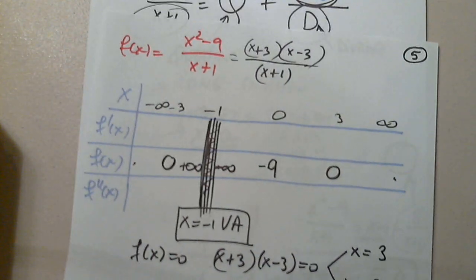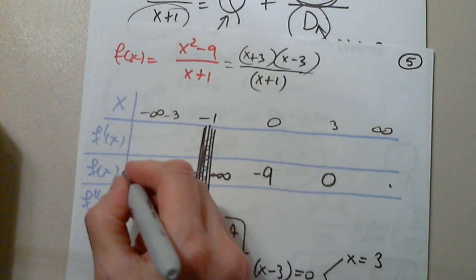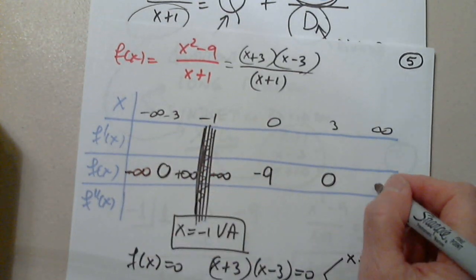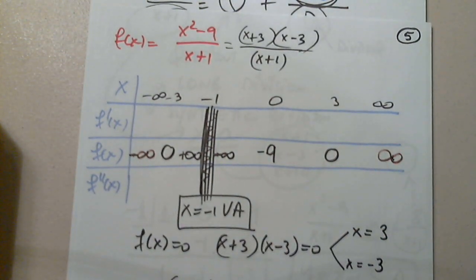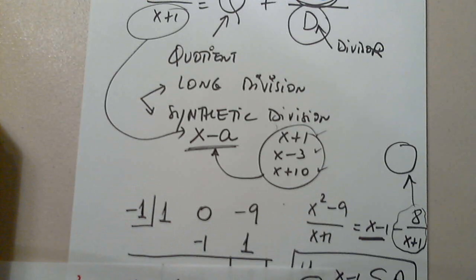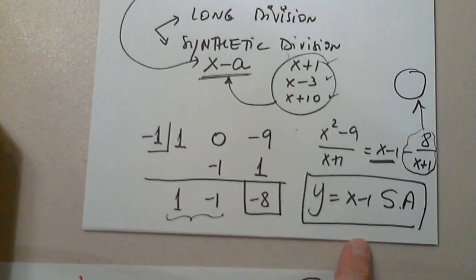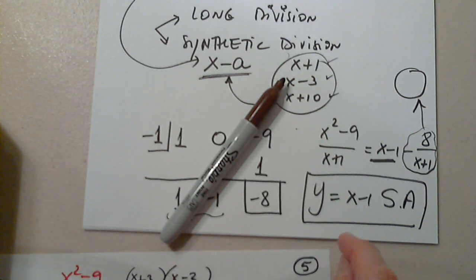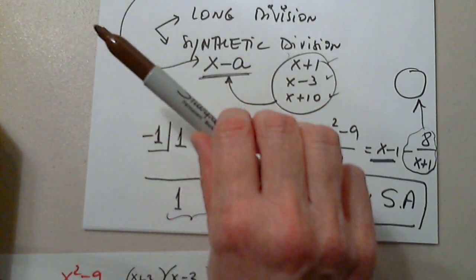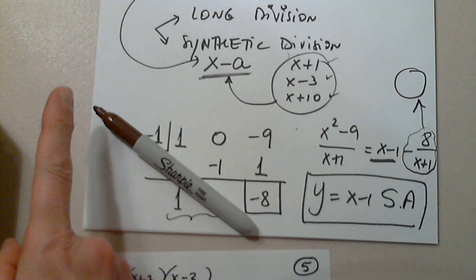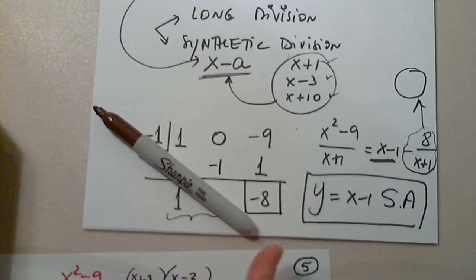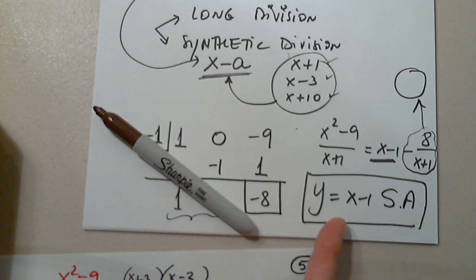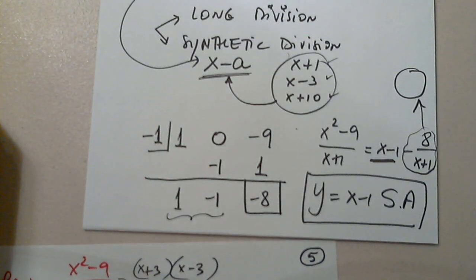That's how I know that this must be negative infinity and this must be infinity. From the slant asymptote, because it has a positive leading coefficient, it looks like this. If it had a negative leading coefficient, it would have looked like this, from positive infinity to negative infinity. But it has a positive leading coefficient. So that's how I know.